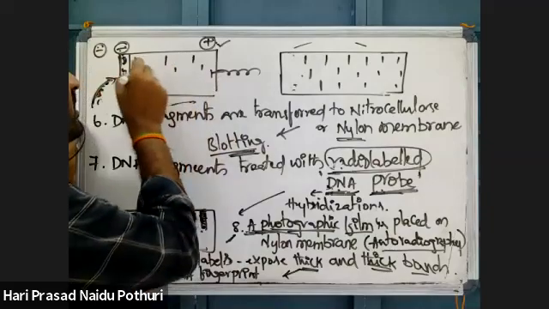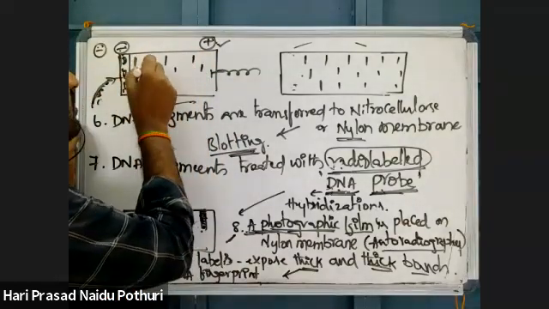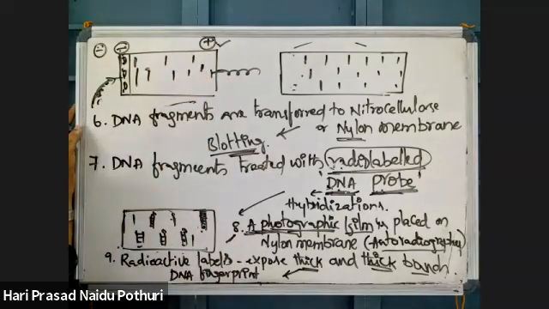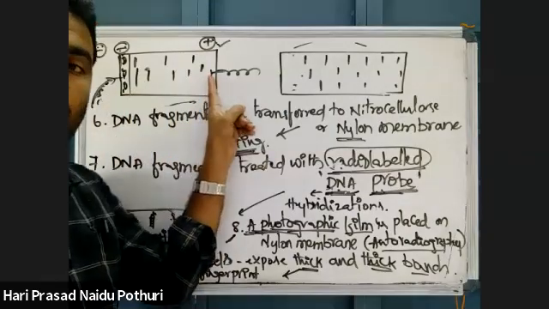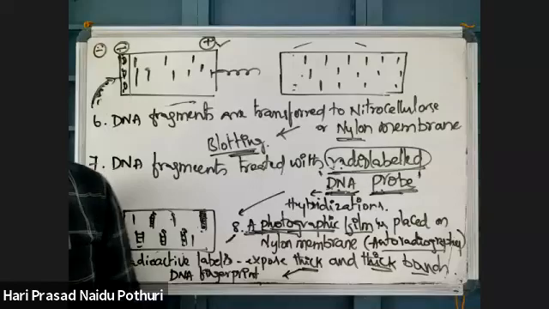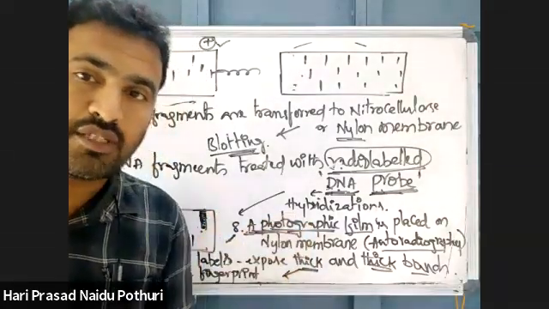If the DNA is small in size, it will move very fast. If the DNA is large in size, it will move slowly. So smaller molecules will move very fast near the anode and larger molecules will move slowly, so that different sizes are present.